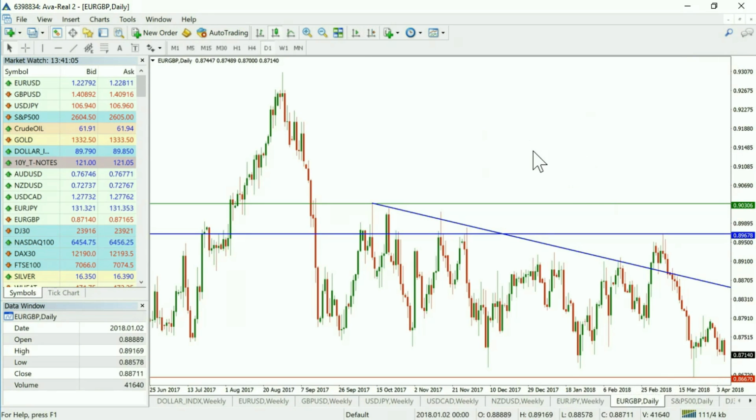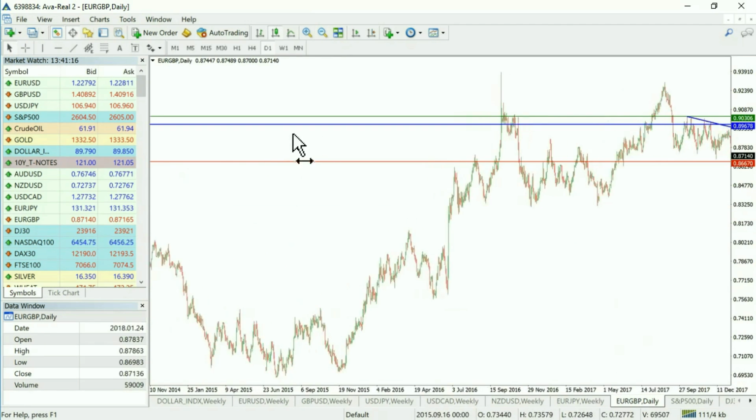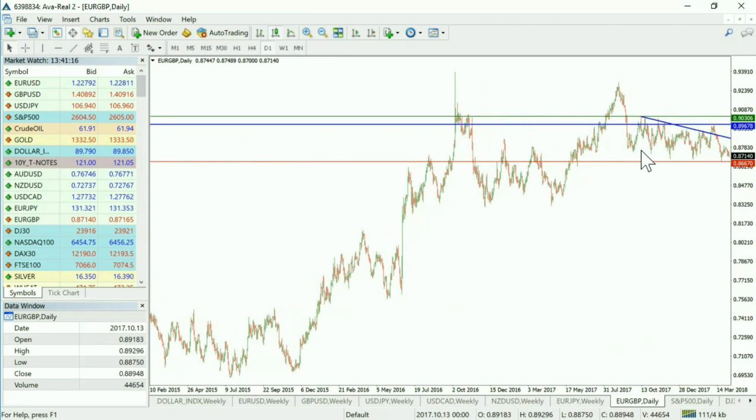The euro pound next. You can see this range-bound market that's likely to continue, although we're looking like we're threatening these lows again. And it'd be interesting to see what happens around the 86.67, because that might constitute an interesting opportunity and major kind of reversal of this big move over a few years, where the euro strengthened against the pound.